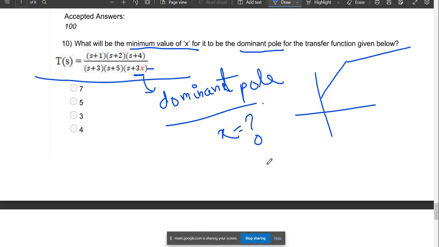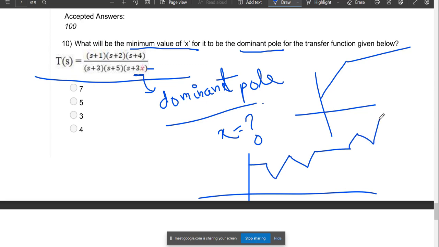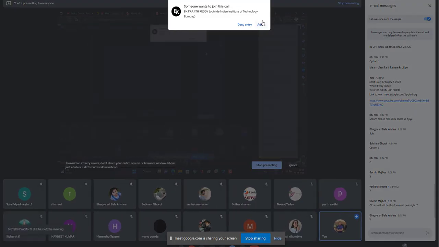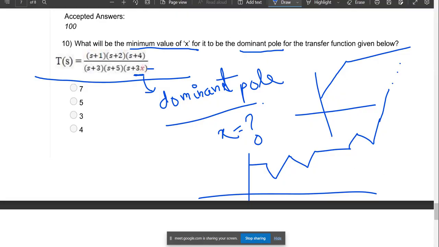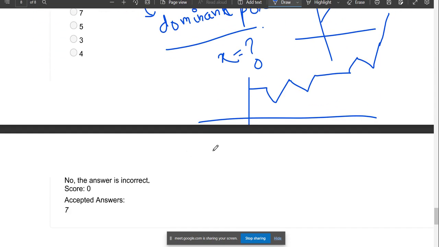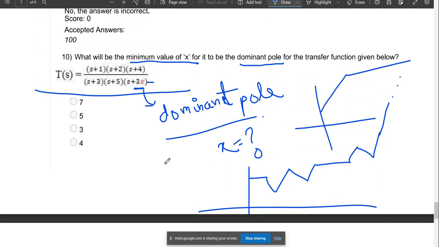So overall, let's say this is the transfer function. If it continues to go like this, the function is not stable. To make it stable, we need a dominant pole such that the function with the dominant pole becomes something like this.